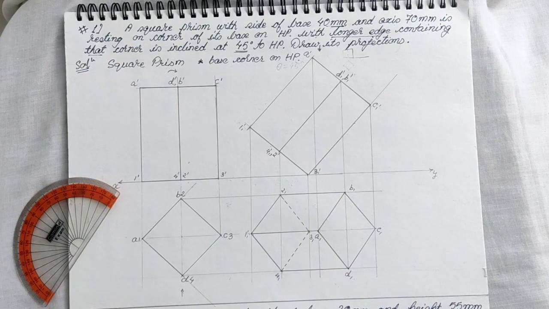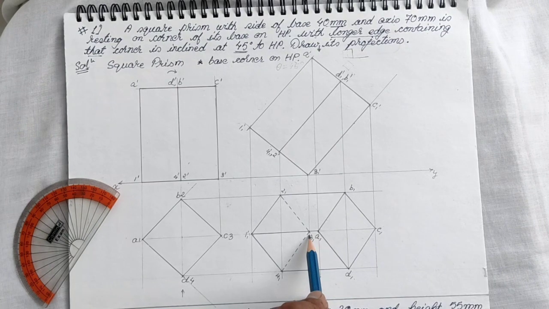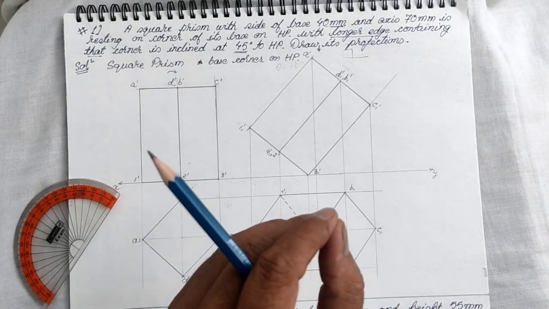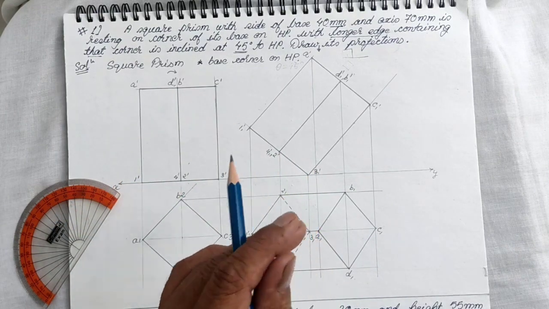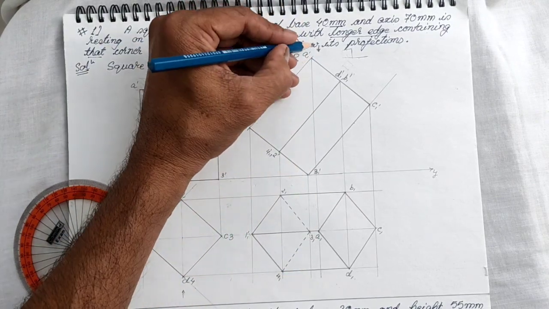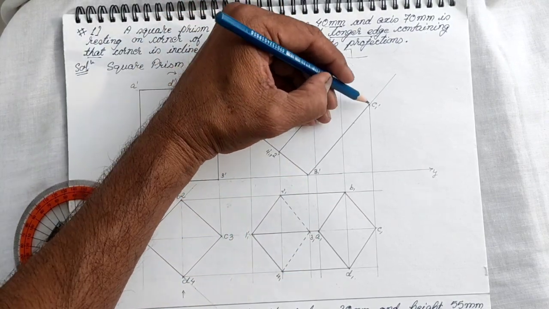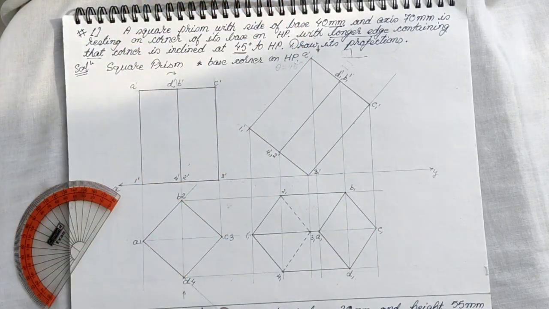B2 is taken care of. Now C3. Now C is visible, but 3 is not visible. So if out of the two, any of the points is hidden, that means that edge will be hidden. So you can even check it: when I am looking at it from the top, the edge C3 is completely below the solid, right?